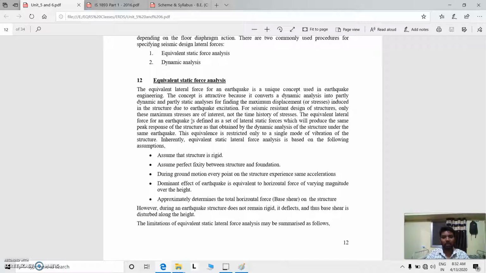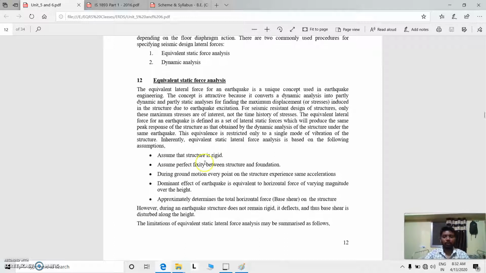There is completely fixity between the structure and the foundation, and we don't have any connection or any flexibility between the foundation and the superstructure. Here we have a complete rigid connection between the superstructure and the foundation.